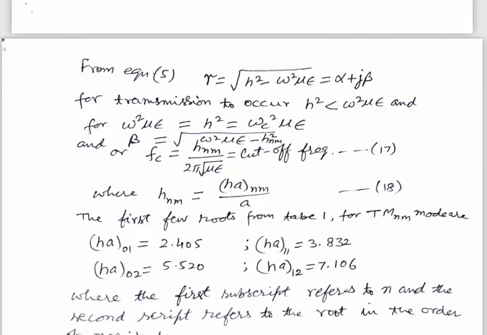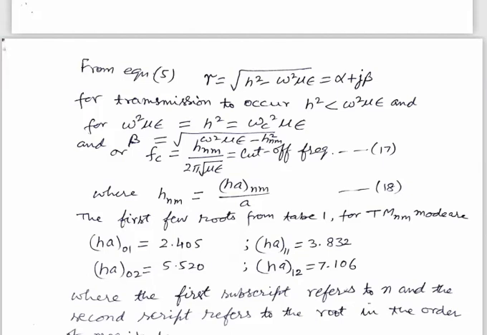So for the wave to transmit in the waveguide, it is necessary that gamma must be imaginary or complex. Gamma must be complex. It means gamma equal to j beta, which is possible only if h square is less than omega square mu epsilon.